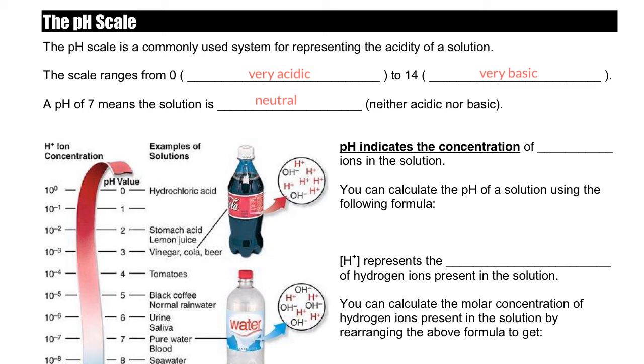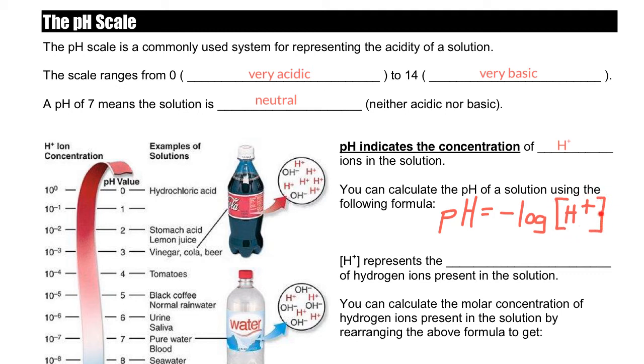And the pH of a solution indicates the concentration of H+ ions. It's not telling you what the concentration is directly, it's what we call a logarithmic scale. Mathematically, to calculate the pH, you would take the negative log of the H+ ion concentration. That's what those square brackets mean.